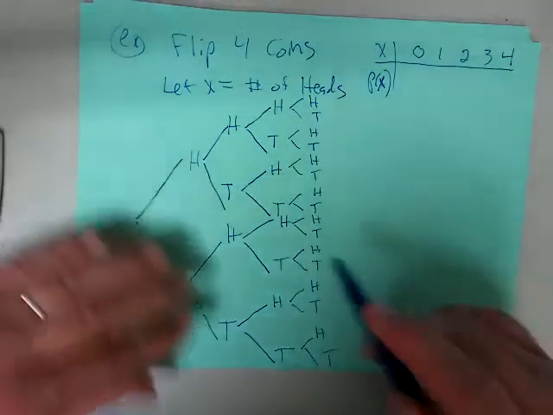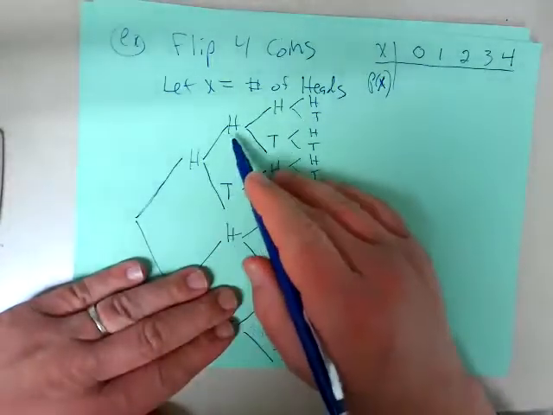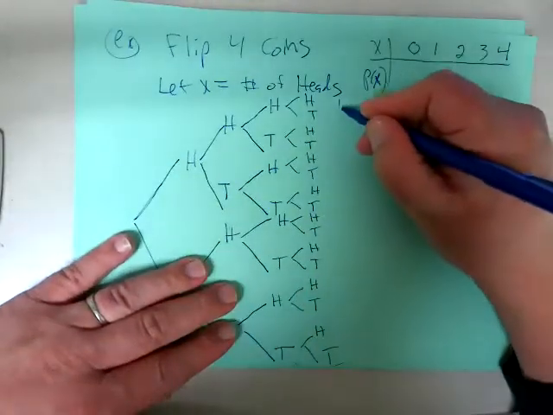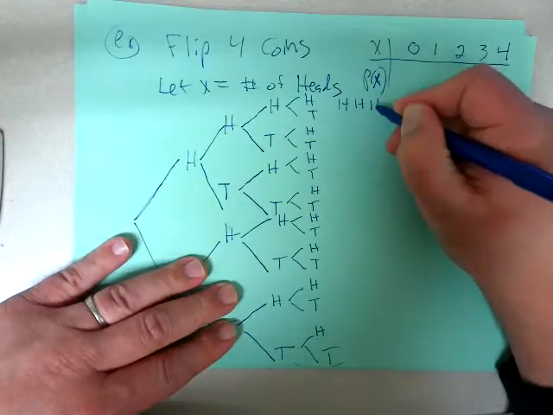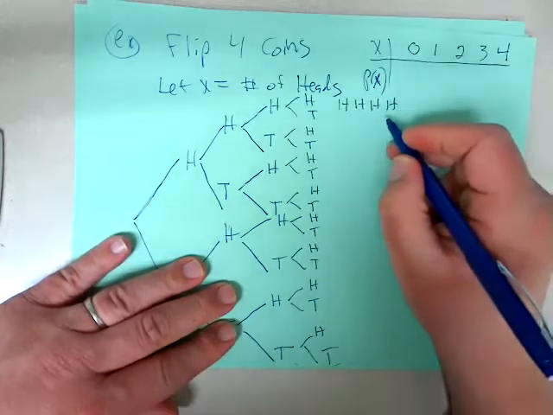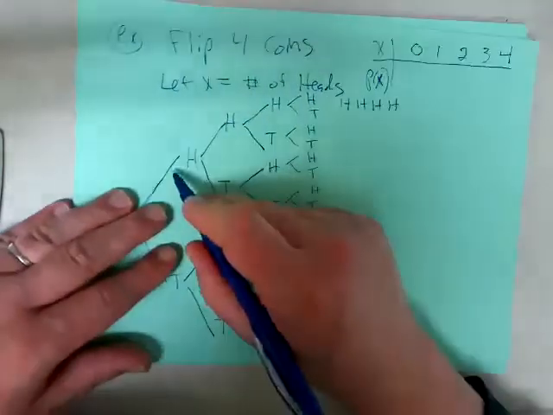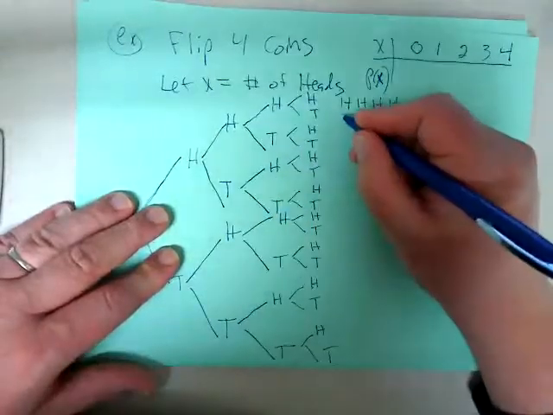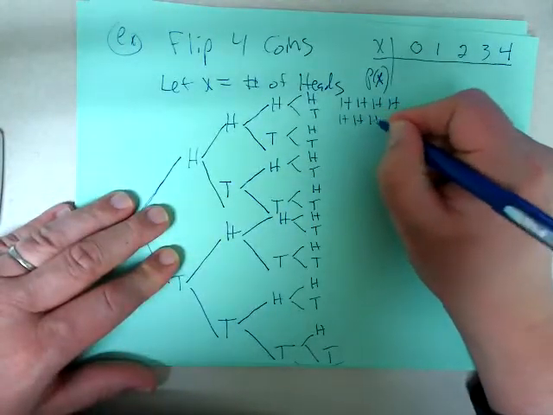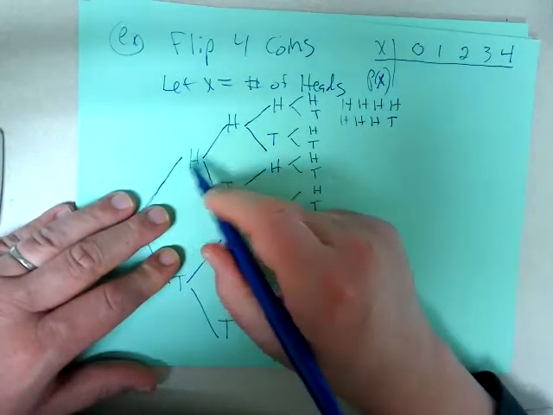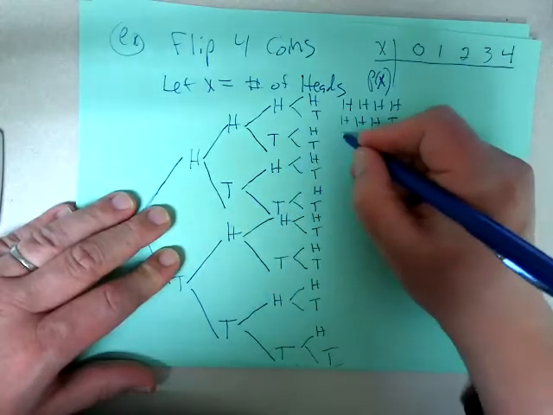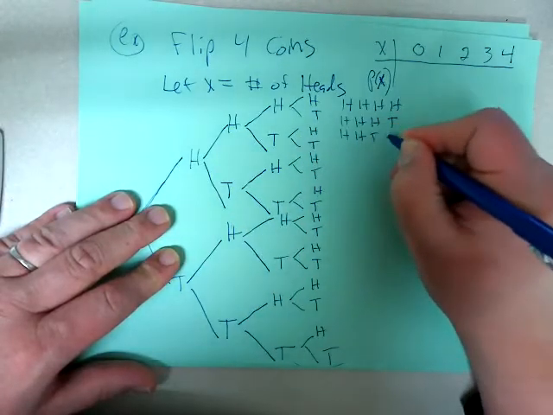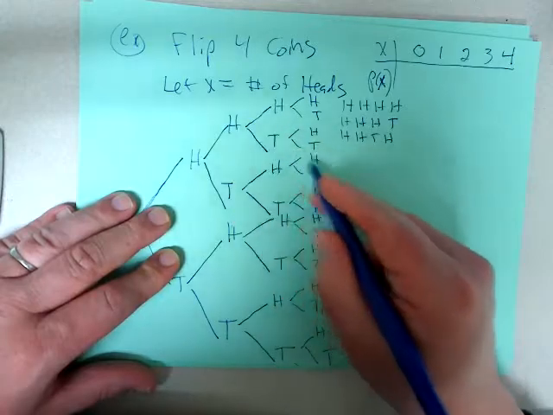Okay, so now let's see if we can list out the outcomes. So we have head, head, head, head. So in that case, you really get a head, don't you? Just kidding. Okay, you could do head, head, head, tail. Then head, head, tail, head. And then head, head, tail, tail.